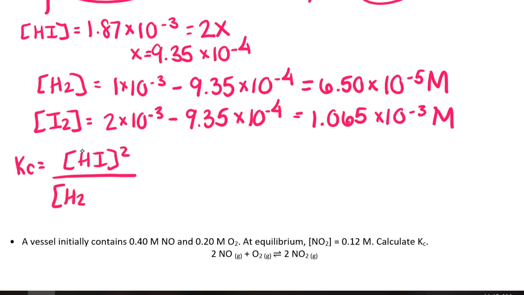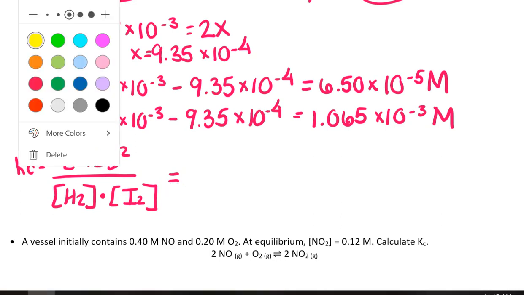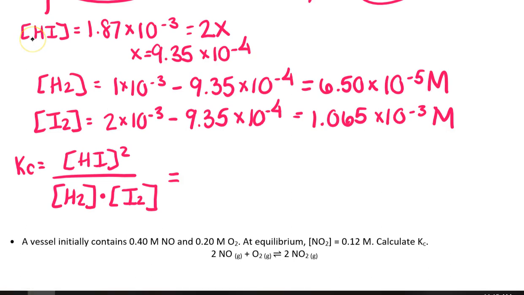I'm getting this from my balanced reaction. And remember, if we have more than one product or more than one reactant, we multiply them together. Alright, so now all we have to do is plug in our equilibrium concentrations, which are going to be these three values.